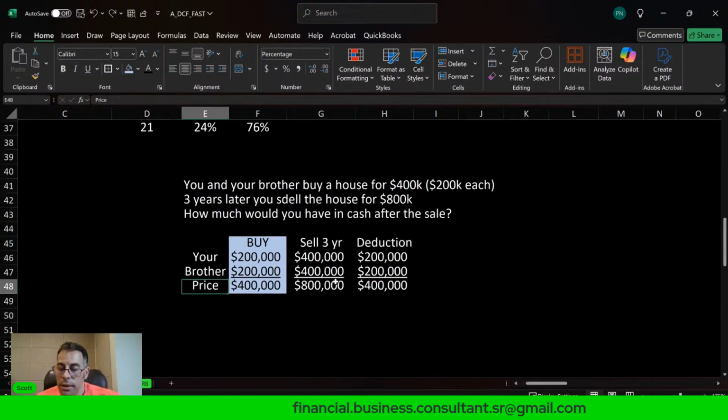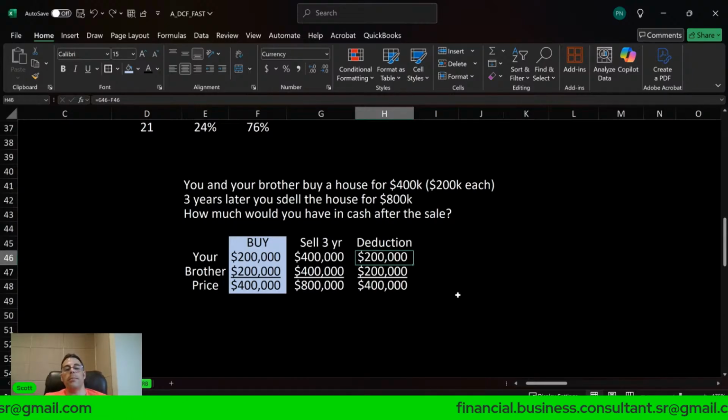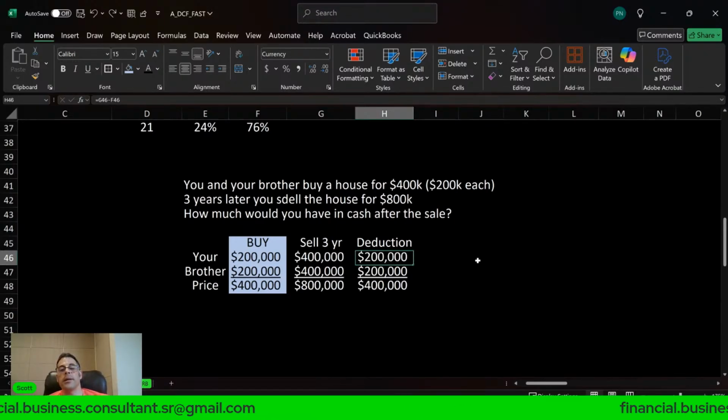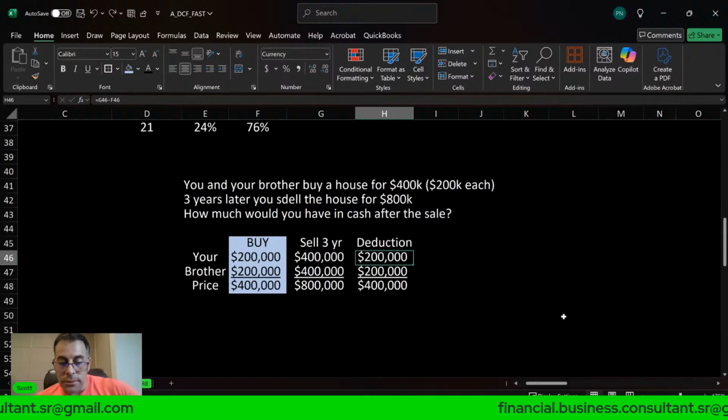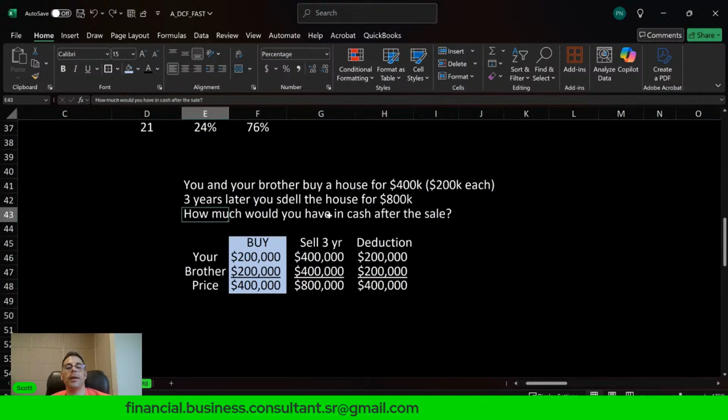Everything you split. And we know the deduction, right? We know that if you sell your primary residence, you can deduct up to $250,000 each. So you get the $500,000 deduction. So how much would you have in cash after the sale?